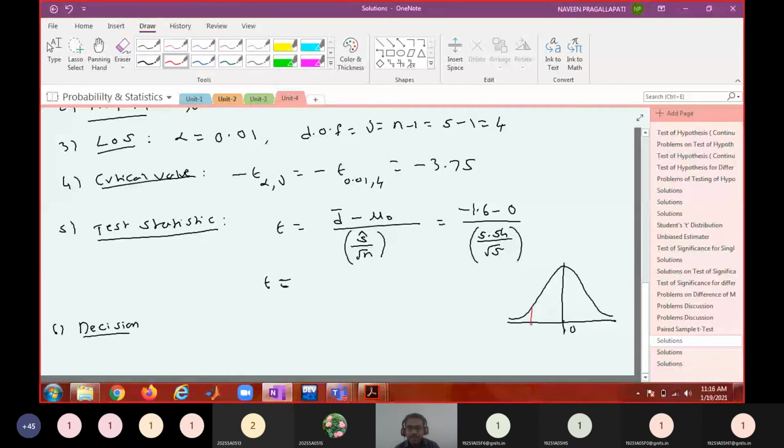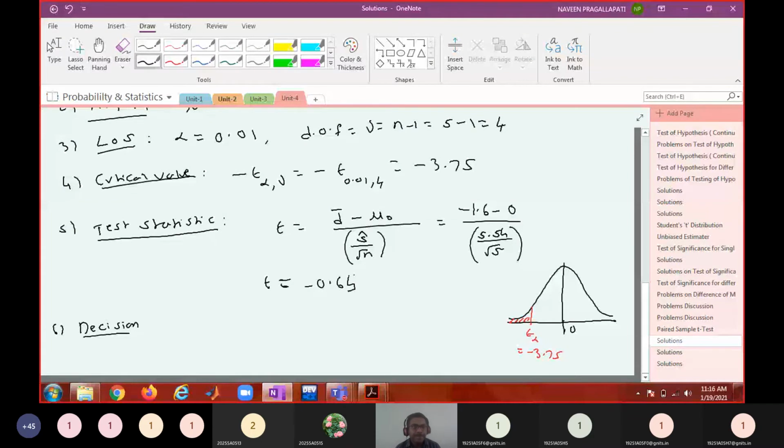So the critical value is minus 3.75, and what is the t value you got? Minus 0.64, or minus 0.65.